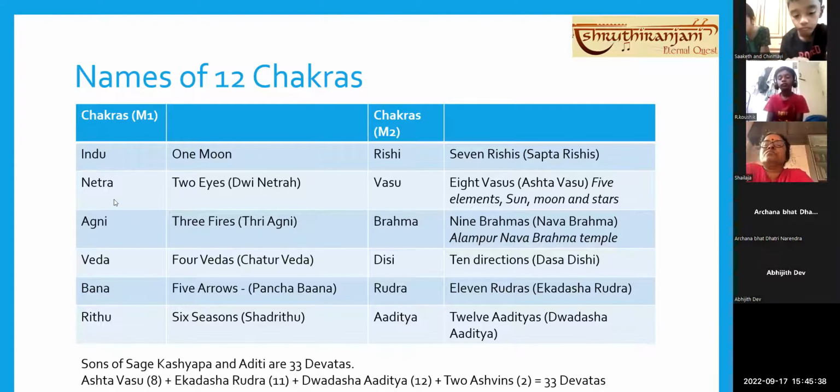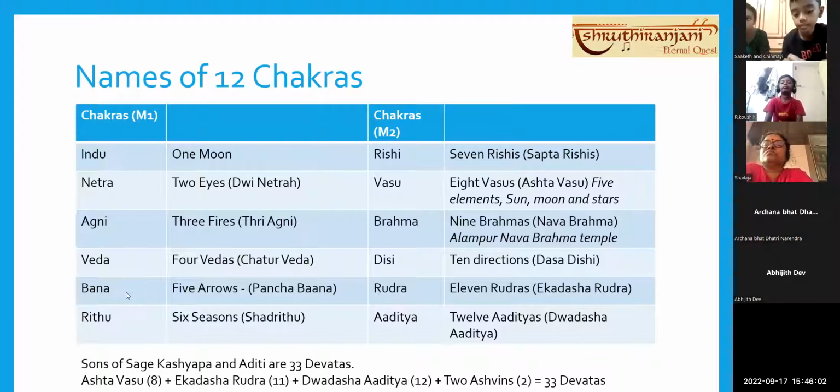Okay. Once again, we'll just quickly run through this because it will help us remember the chakra names. There is one moon, Indu, right? 2 eyes, Netra. 3 fires, Agni. 4 Vedas. So, Chaturveda, Veda. Panchabana, Bana.